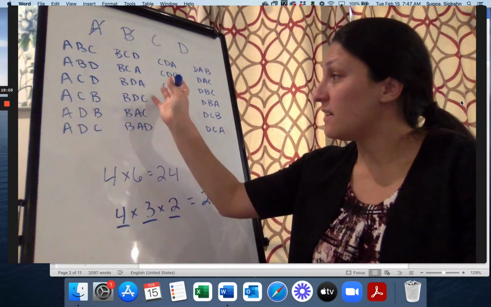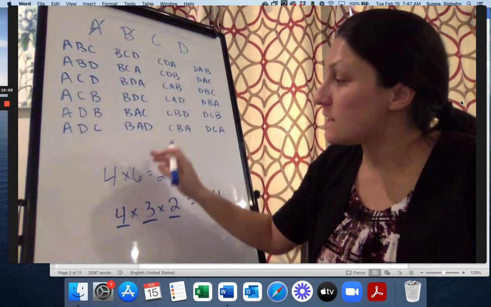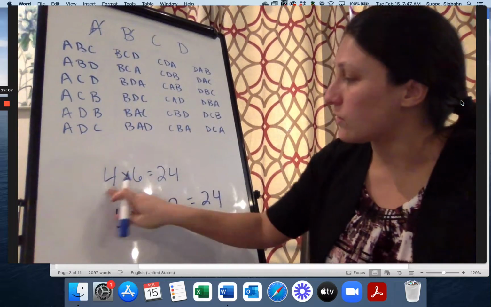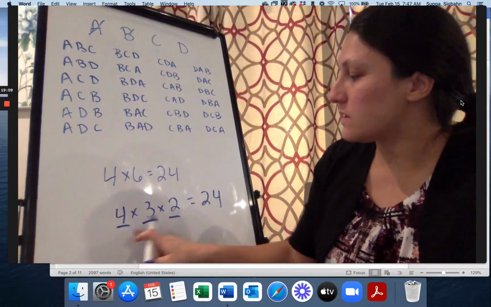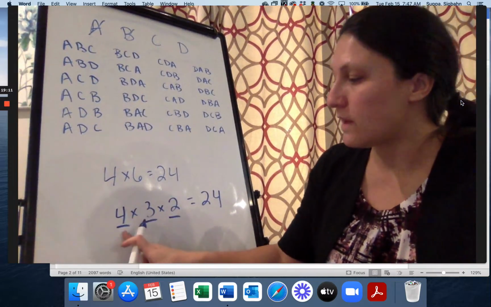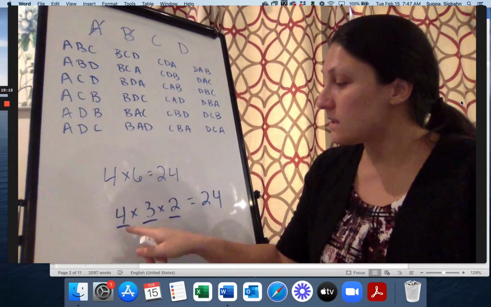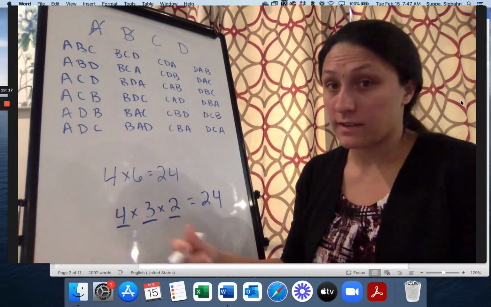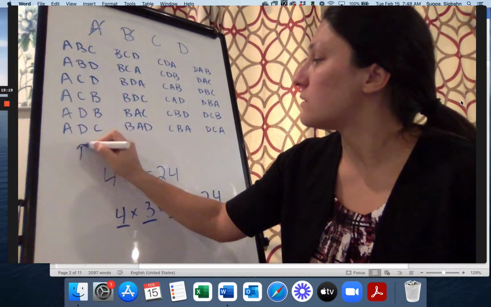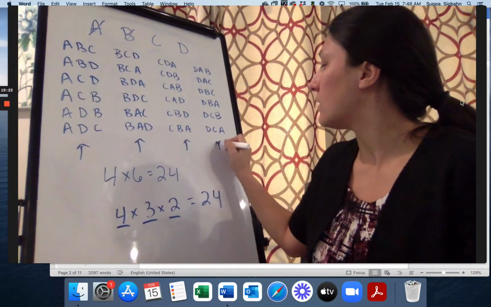Whether you list them out, whether you start the list and then see a pattern, see that you're going to repeat that 4 times, or whether you use this spaces method of asking yourself, how many options do you have here, how many options here, how many options here. You can see this 4 times 3 times 2 structure again. So here's the 4 groups, 1, 2, 3, 4.